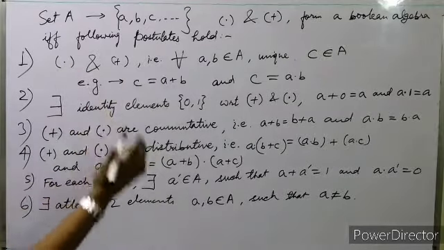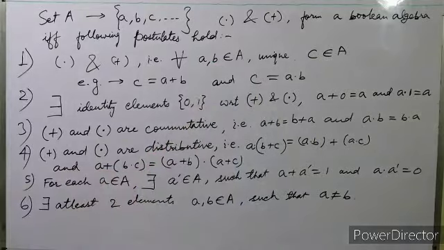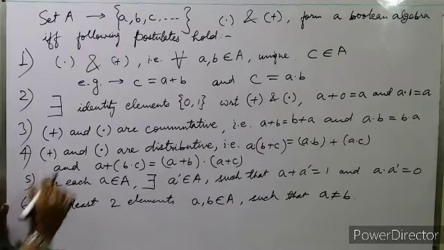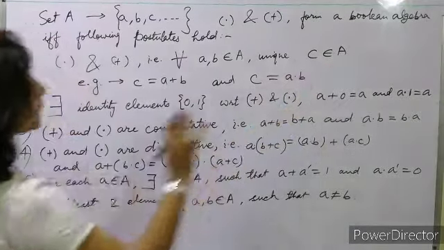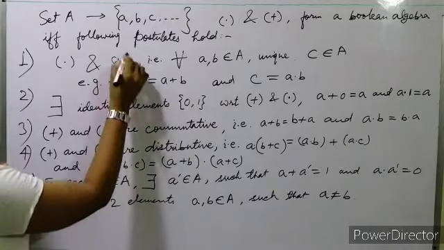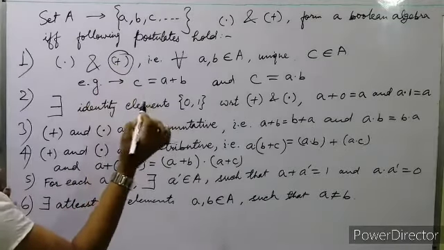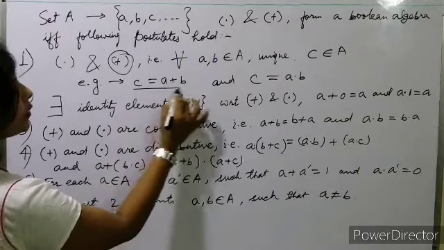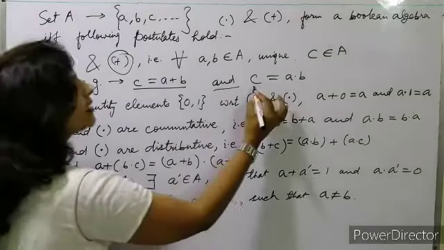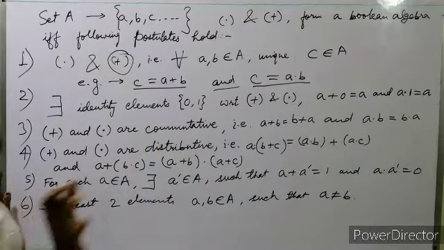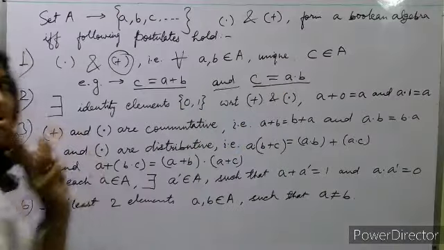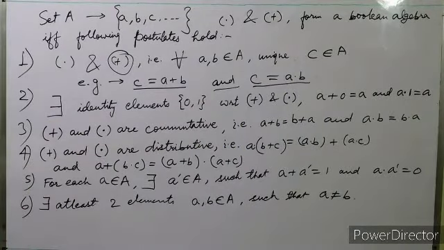For all a, b belonging to set A, we obtain a unique c belonging to A. For example, for logical addition, c is equal to a plus b, and it holds for logical multiplication also, c is equal to a into b, meaning a AND b. So c is equal to a OR b and c is equal to a AND b. This is the first postulate.